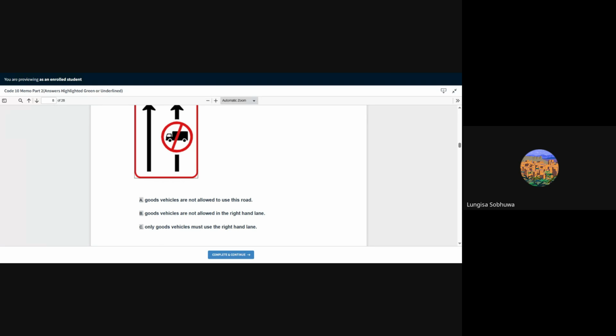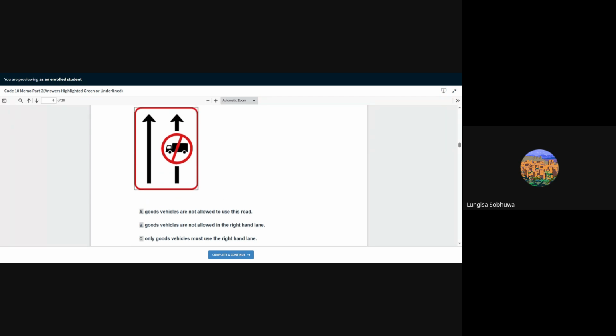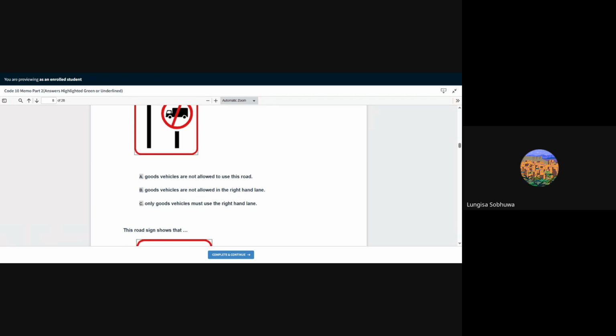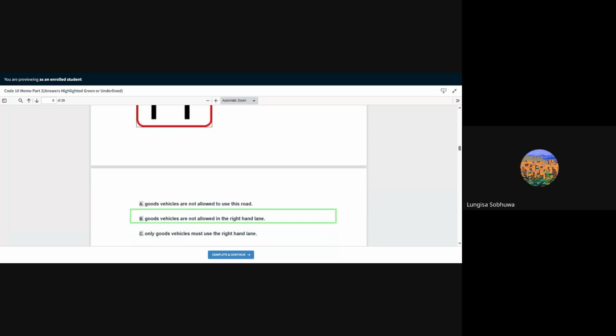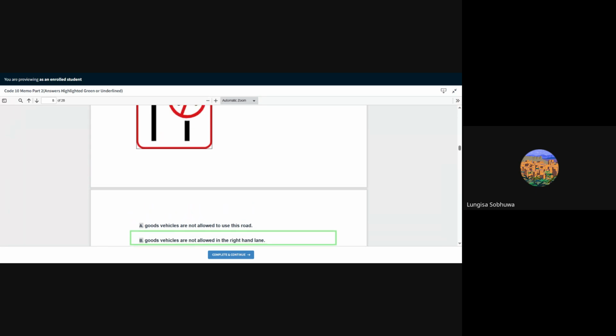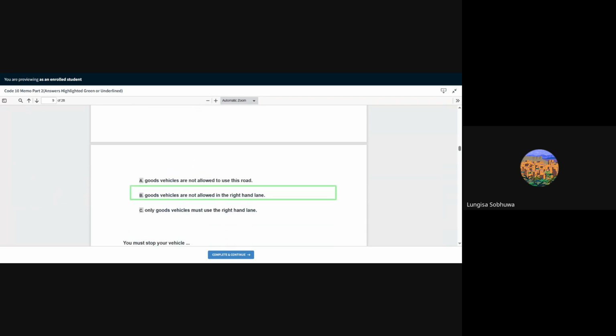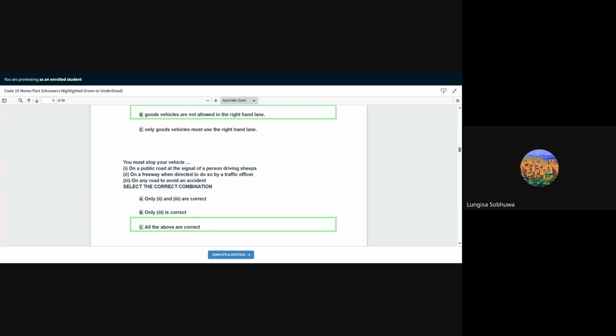So the correct answer there is obviously A. Goods vehicles are not allowed. B, goods vehicles are not allowed on the right-hand lane.